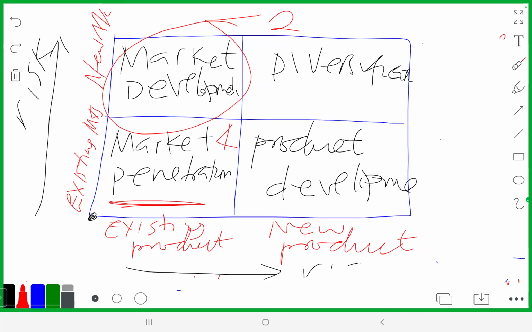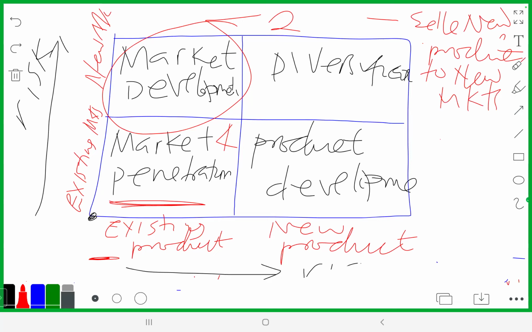This time around, you're selling the existing product to a new market. Have you observed that? This is an existing product, and you're in this quadrant that I've circled as two. You're selling to new markets.